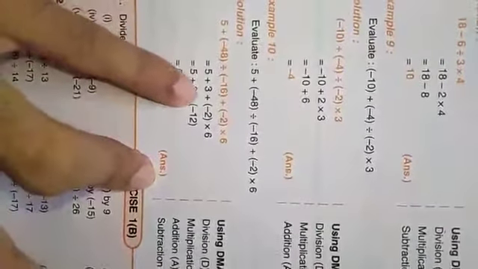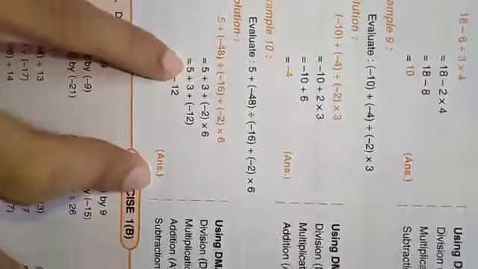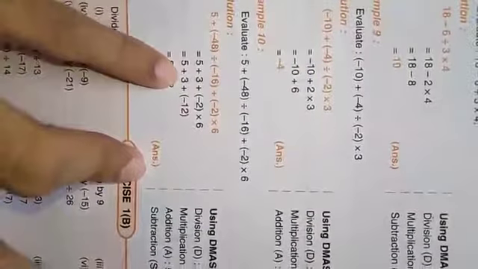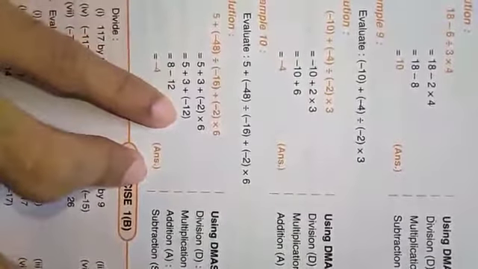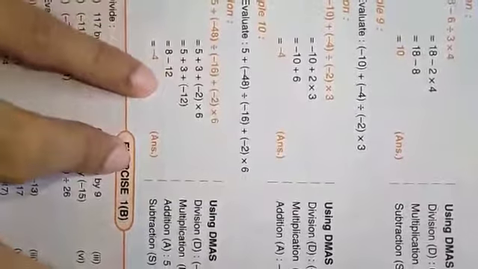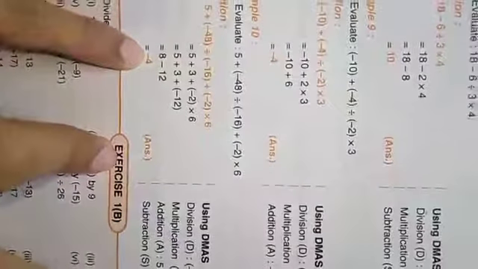So 5 plus 3 plus (minus 2) into 6. Now we need to do multiplication. So minus 2 into 6 is minus 12. So 5 plus 3 plus (minus 12). So 5 plus 3 is 8. So 8 minus 12 will be minus 4. So ultimately the answer is minus 4. Clear?